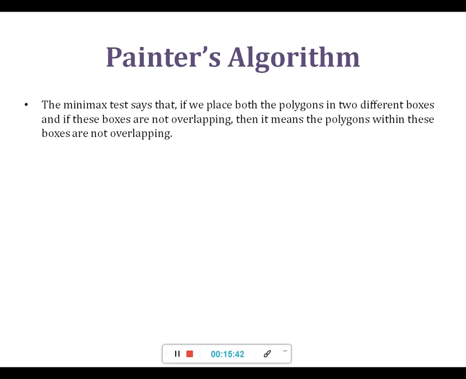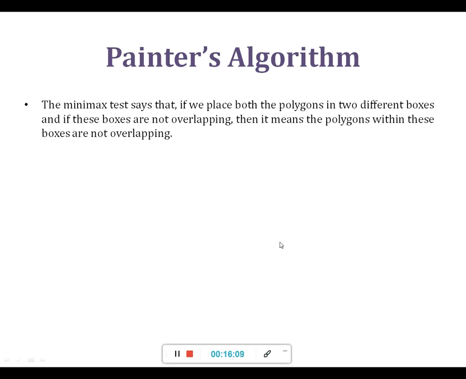A very simple statement of Painter's algorithm. The minimax test says that if we place both polygons in two different boxes, meaning we draw two different boxes for both polygons, and if these boxes are not overlapping, then we can easily say that the polygons within these boxes are also not overlapping.